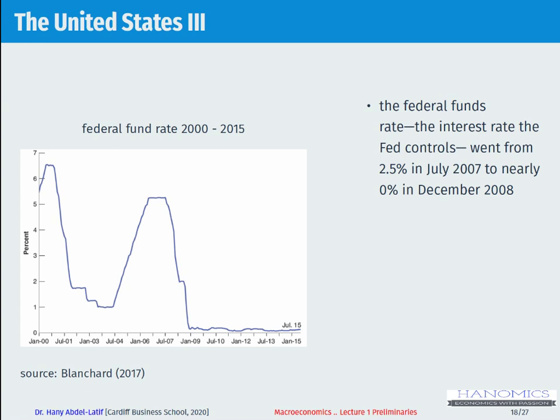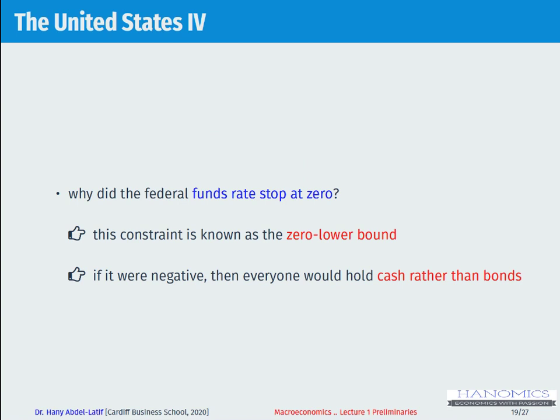One of the ways to do this, which is exactly what happened during the crisis in 2007, 2008, is that the Federal Reserve lowered their interest rate, and it became nearly zero. So why couldn't they go below 0%? This is called the zero lower bound.